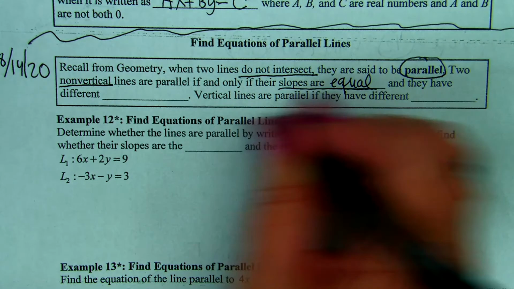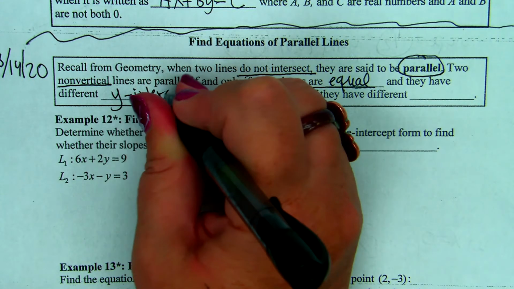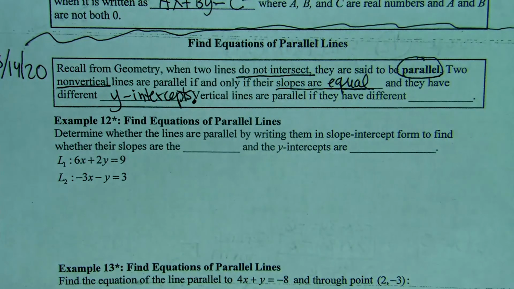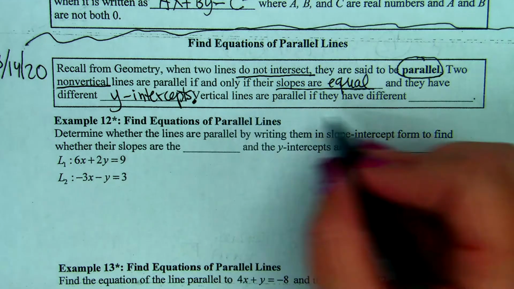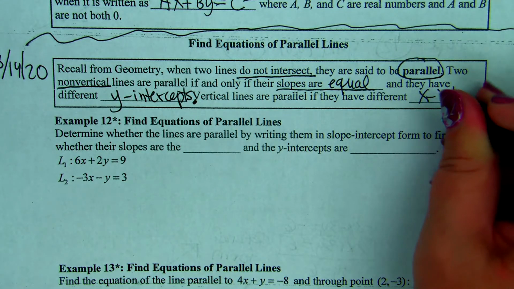And they have different y-intercepts, because if they had the same y-intercept and the same slope, it would be the same line. Vertical lines are parallel if they have different x-intercepts.